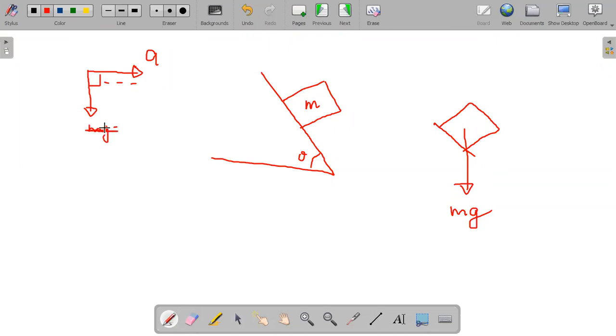If this is the direction of motion, then normal force will be perpendicular to its surface. So here, what is the direction of motion? Towards the incline. So normal force must be in this direction, like that. So this should be the normal force. So what will be this force? ये mg है.